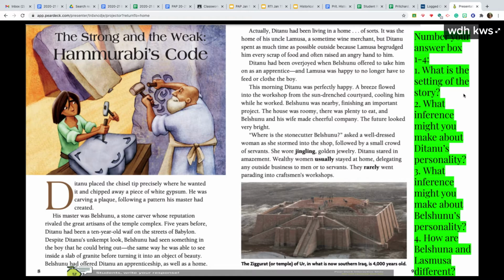What type of person do you think he is? And then number 4, how are Belshunu and Lamusa different?